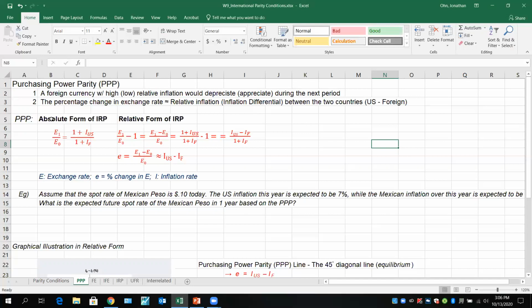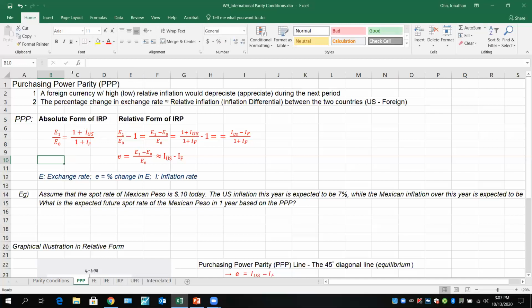The PPP model, purchasing power parity model, is shown in two forms. One is the absolute, complete form, the other one is the relative form, right? So the absolute form is this. Given the current exchange rate, next year's exchange rate depends on the countries' inflation.